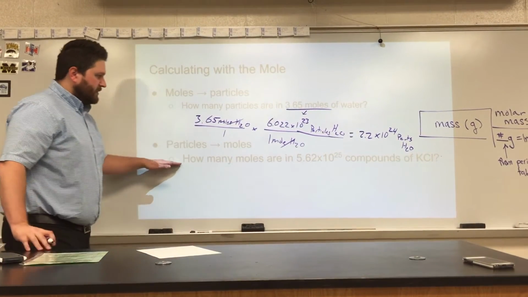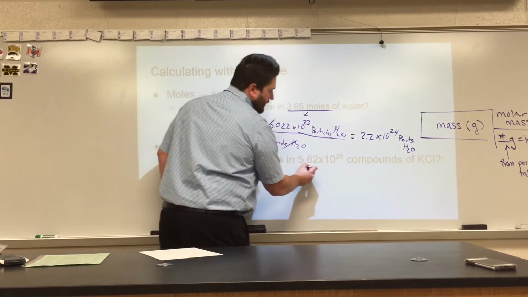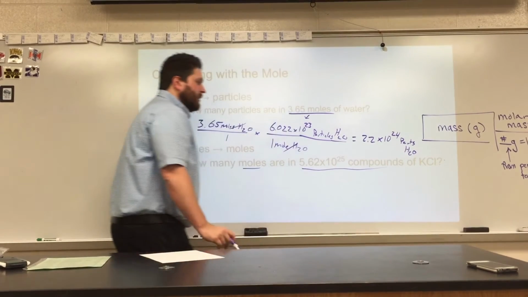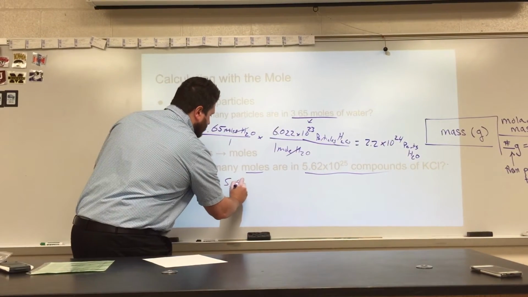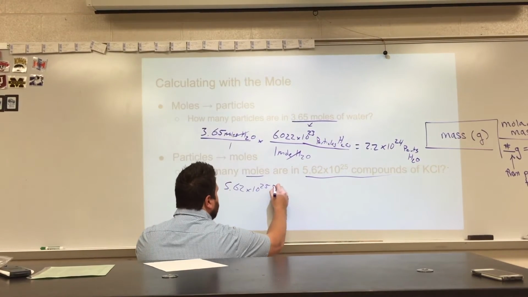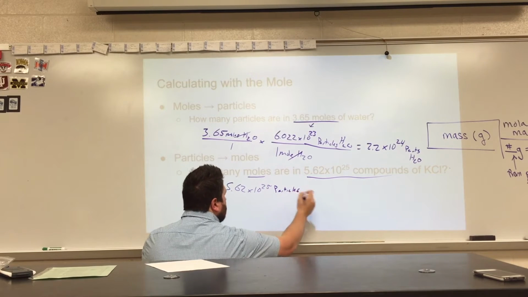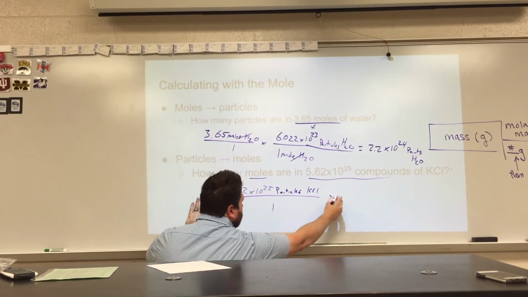Now the second one is working backwards. So here we want to figure out how many moles there are in this big old number of particles of KCl. So 5.62 times 10 to the 25th. Whoa. Particles of KCl all over 1.